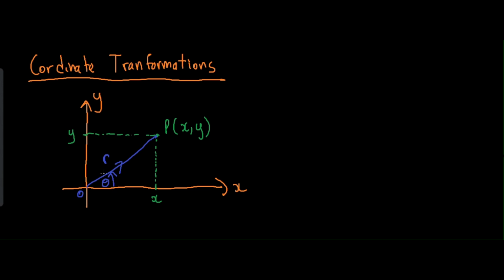Now, from Pythagoras' theorem, we should know that this x value given in terms of theta is r cosine theta, and this y value is r sine theta.